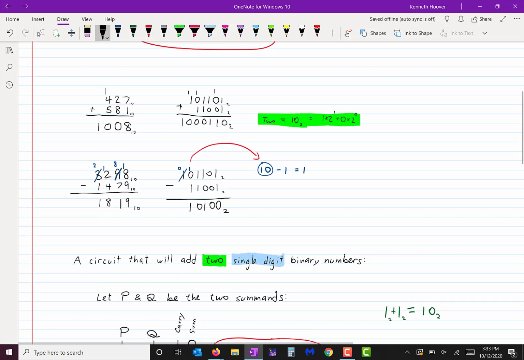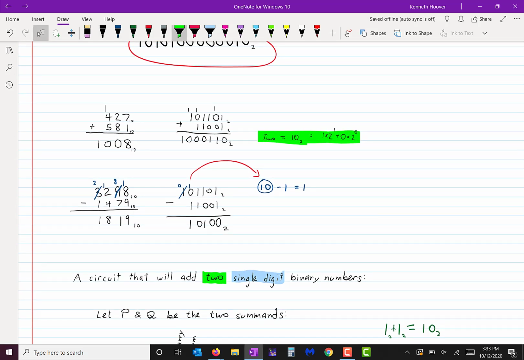Let's scroll back up. Look, for instance, at this column right here. No, never mind, that was a subtraction problem. Let's look over here. You see, I'm only adding 2 numbers together, 101101 plus 11001. But in the first column, the 1 plus the 1 equaled 10.